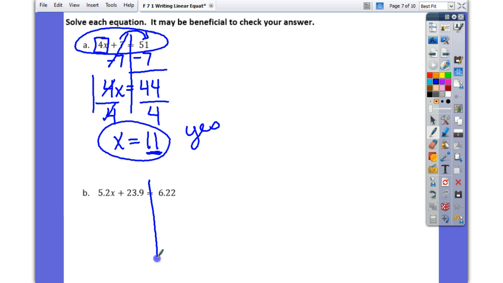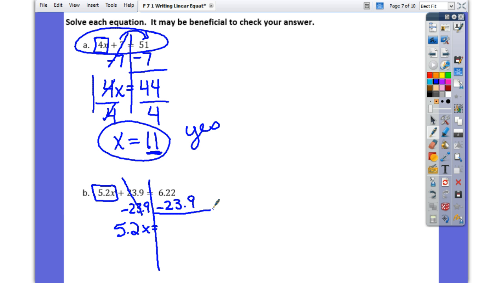All right, so here we go. Two-step equation. We want to solve for the x, 5.2x. Hold up your answer when you get it, please. Check it on your calculator. So we had to do what? Minus 23.9 to both sides. So what happened over here, and you guys didn't even get confused, this canceled out. 5.2x equals, what happened here?